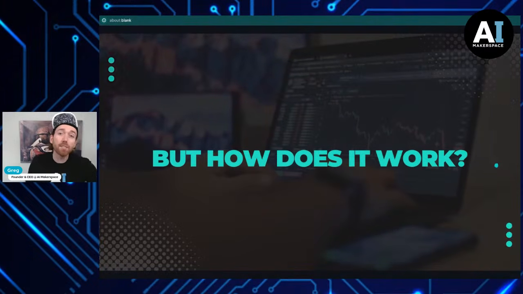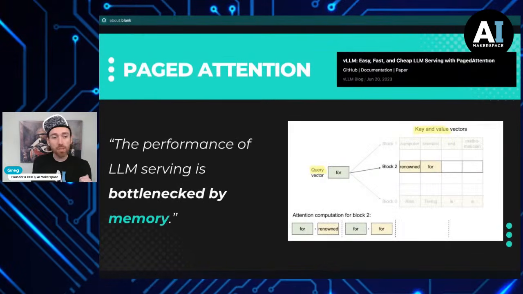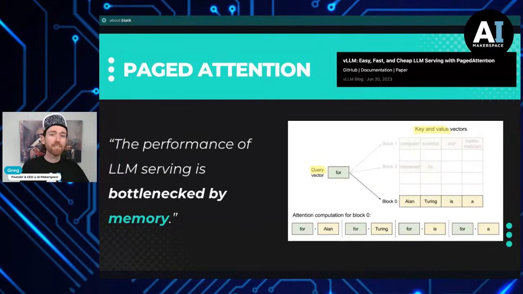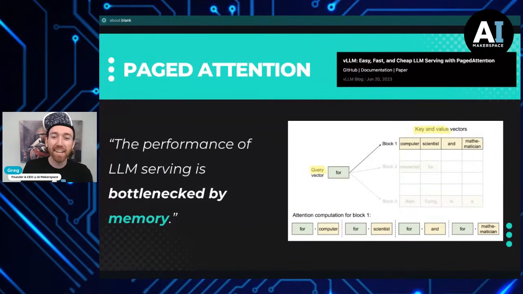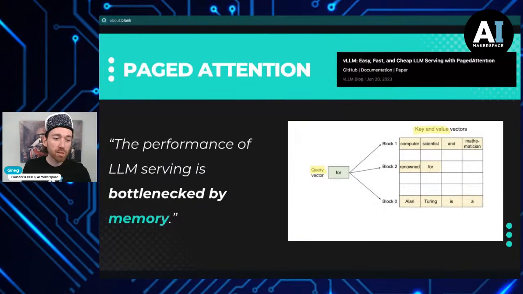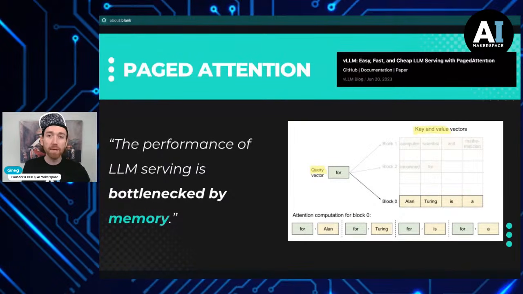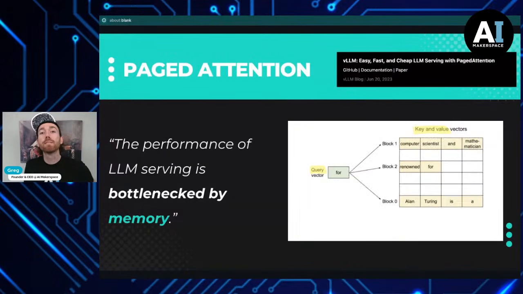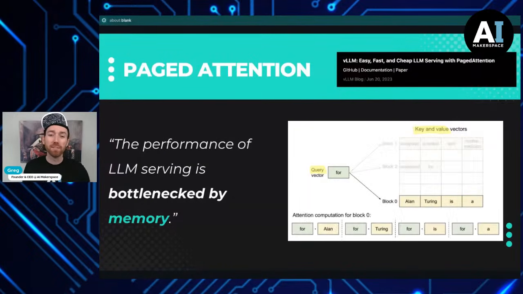And the answer, if you just read the blog, is like, oh, it's so easy. It's PagedAttention. Look at this very simple GIF, and it's clear, right? The performance of LLM serving is bottlenecked by memory. PagedAttention is clearly the solution.